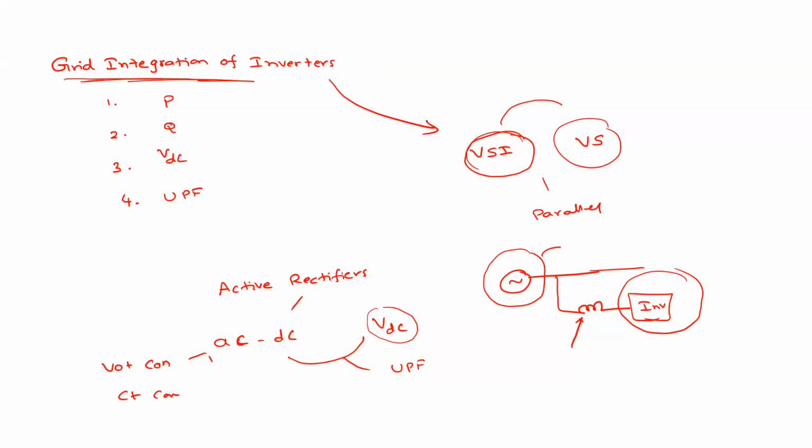Whatever the remaining voltage drop is, the grid voltage minus the inverter voltage, appears as voltage across the inductor. Agree? The remaining instantaneous voltage difference appears across the inductor. That's why these inductors are known as coupling inductors.